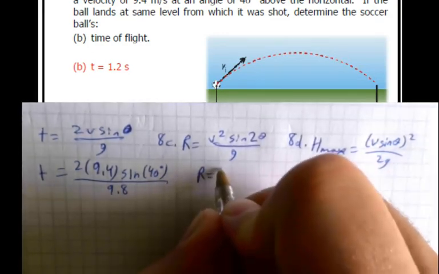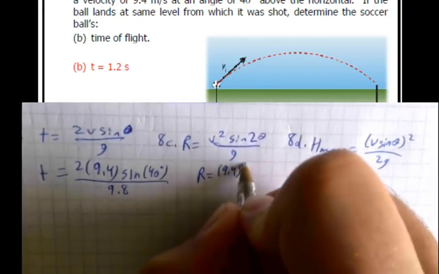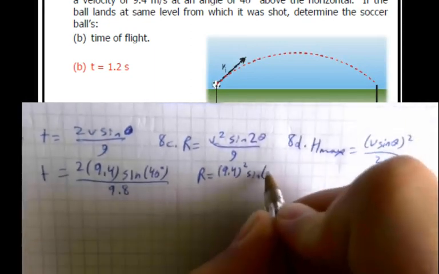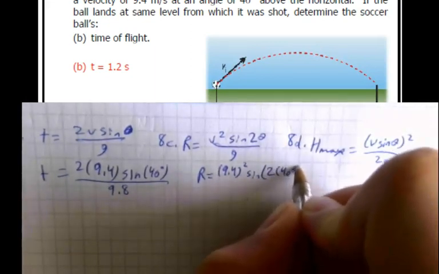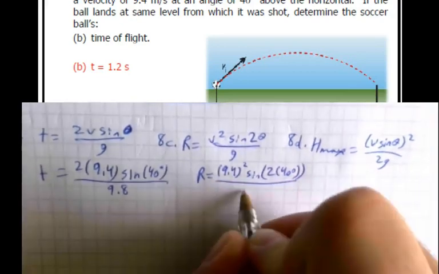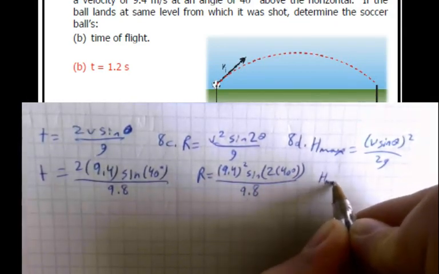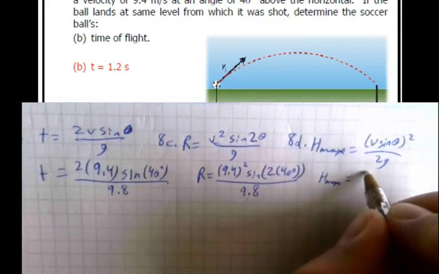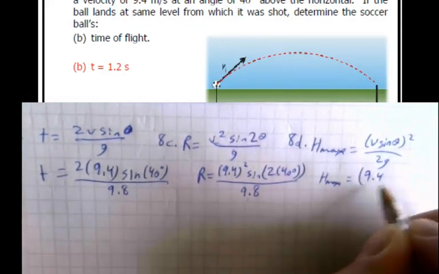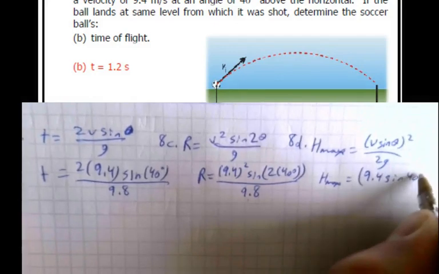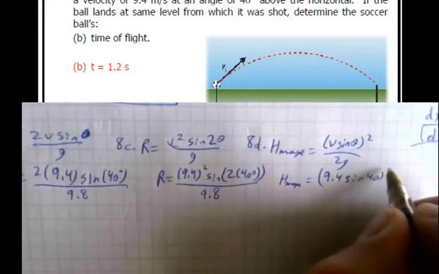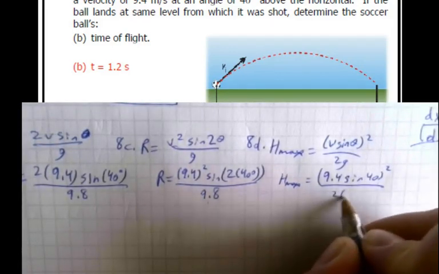Here we have r equals 9.4 squared sine of 2 times 40 degrees over 9.8. And here we have our h max equals 9.4 sine of 40 squared over 2 times 9.8.